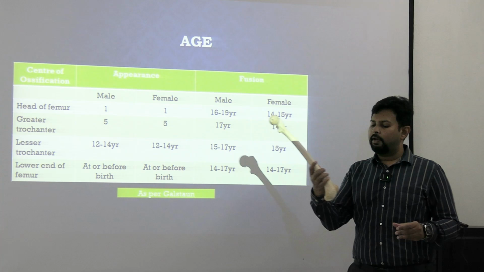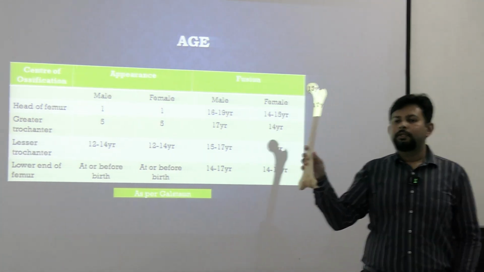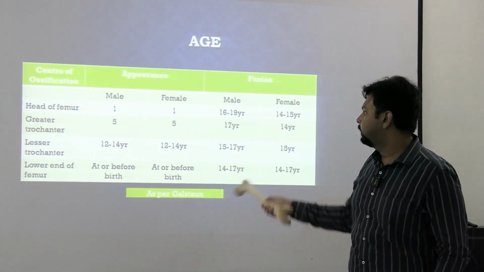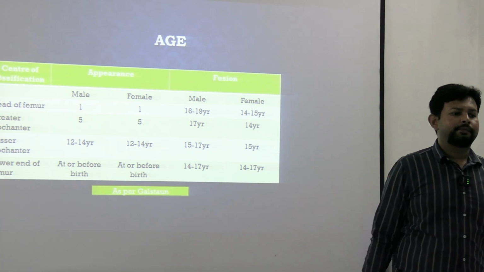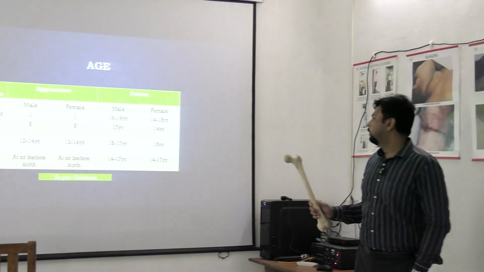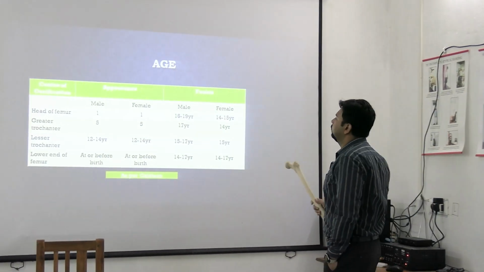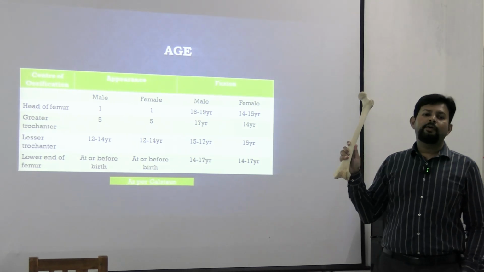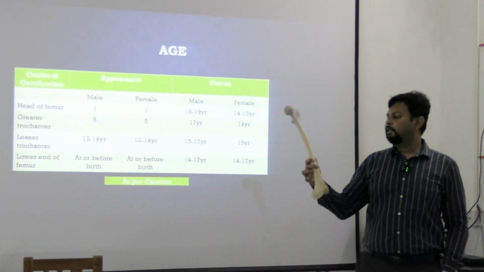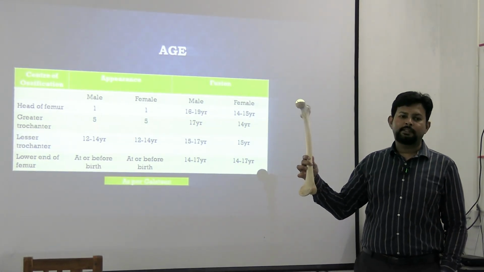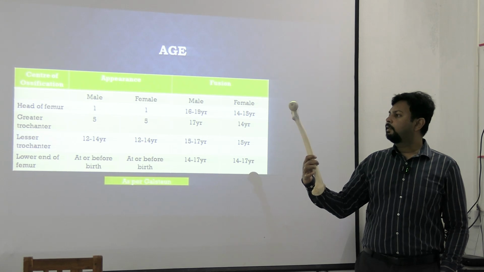So in this bone everything has been fused. What would be the age from this chart? First you have to estimate whether it is male or female. What do you think it is? Female.